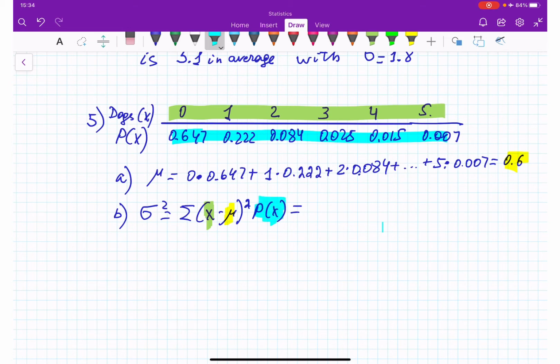If you plug it in the calculator, the result is going to be 0.9.